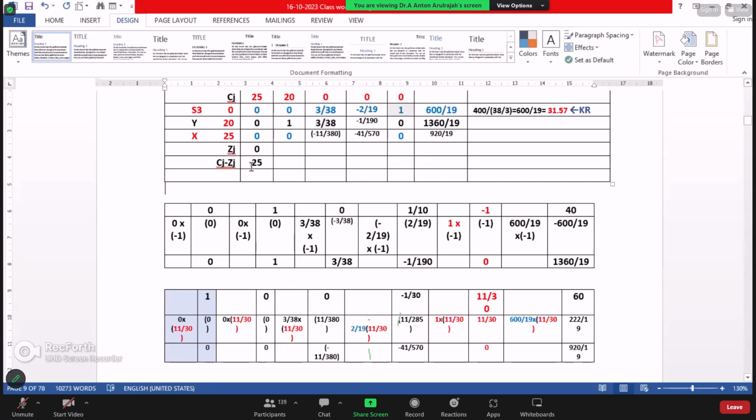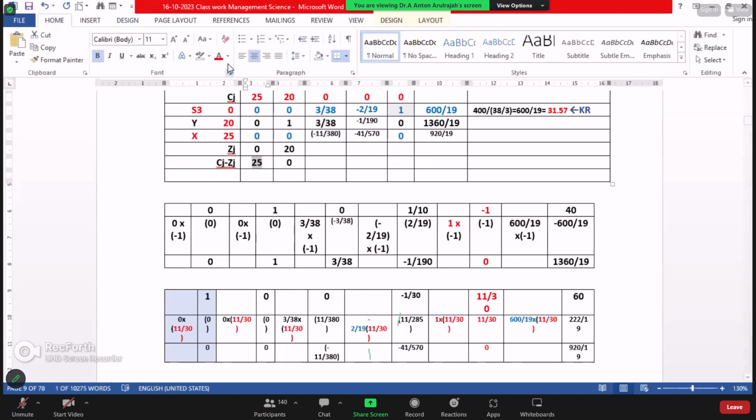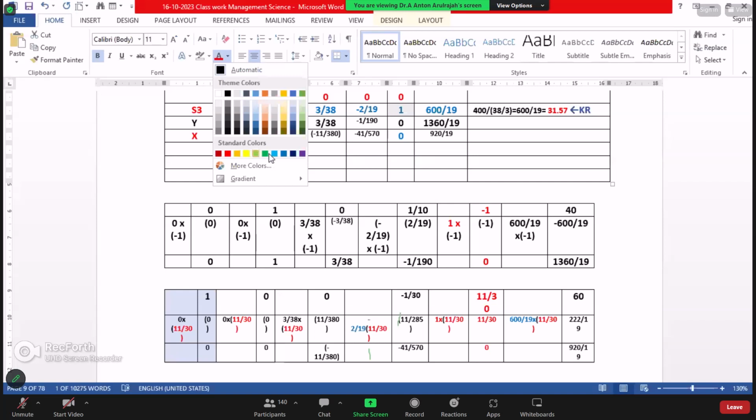Because if you multiply by 0, 0, 0, 0, then all 0, 25 minus 0, 25. So here 20 is okay. Here 20 is okay. Right? 0, it becomes 0. Here if you multiply by these two, get the answers and see that. But this indicates that we made a mistake. Okay. Has anyone found the mistakes while you are doing?